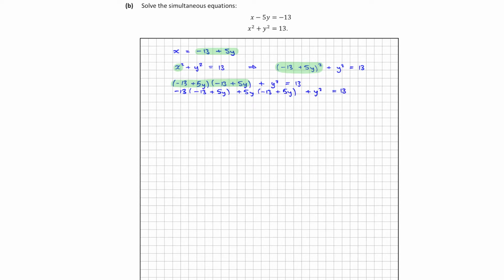Okay, so you can see there what I've done is I've taken the first term, multiplied it by everything in the second, taken the second term, multiplied it by everything in the second. And obviously my plus y squared and my equals 13 still stay where they are. So next thing I need to do is work out what they are. Negative 13 times negative 13 gives positive 169. So that's the first two multiplied together.